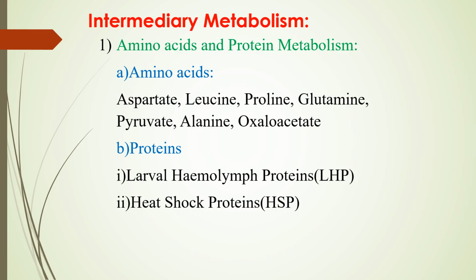Then protein. Storage proteins are synthesized in the fat body and released into the hemolymph, and their concentration increases in the last larval instar. The larval proteins are detected in the adult stage, but there are two types of these proteins. One is the larval hemolymph protein, that is LHP, and the second is heat shock protein, that is HSP.